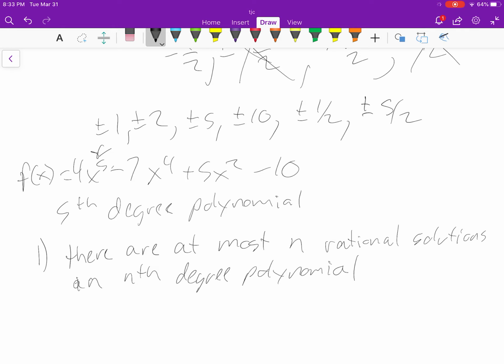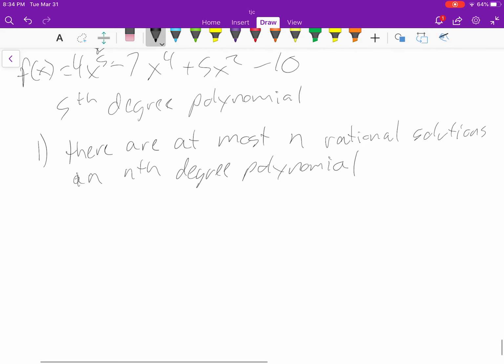Okay, so there are at most n rational solutions in an nth degree polynomial.